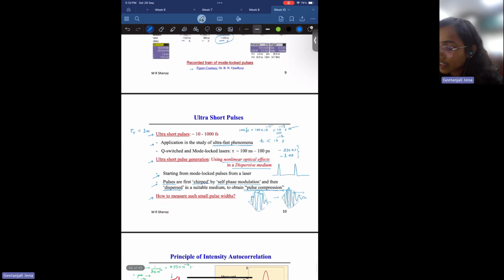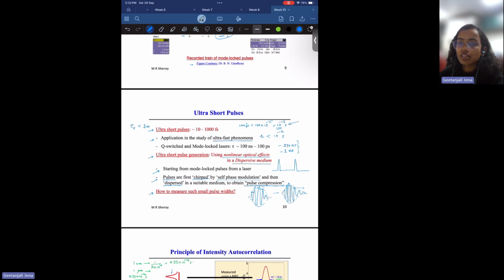In addition to these pulsed lasers, we have ultrashort pulses where the pulse width is of the order of 1000 femtosecond or 10 femtosecond or in between this range. So it is in the order of femtosecond. You must have heard of femtosecond laser. For that laser, we have pulse width which is around femtosecond, and these have wide application in ultrafast phenomena.